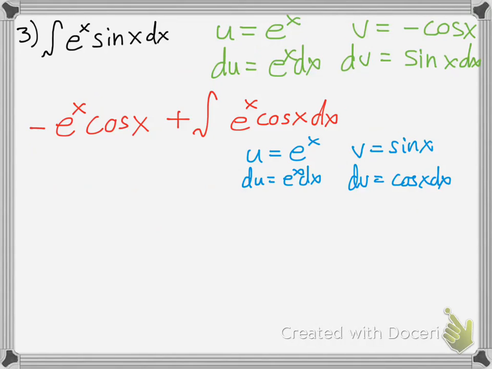So then you evaluate this again. Let's just keep in mind that this is only this half of the problem, everything over there. So we would get e to the x sine x minus the integral of e to the x sine x dx.